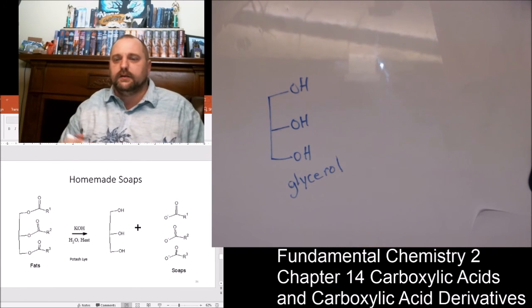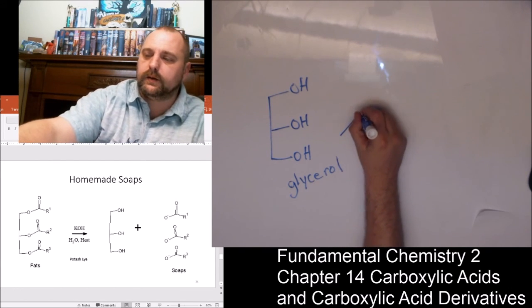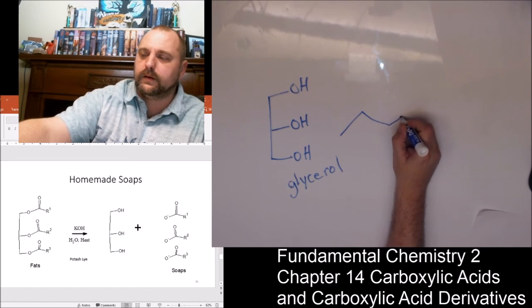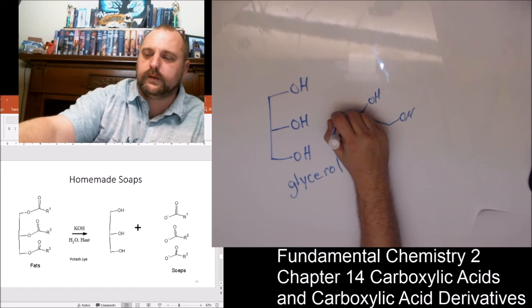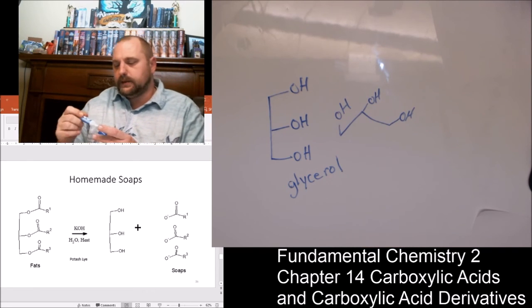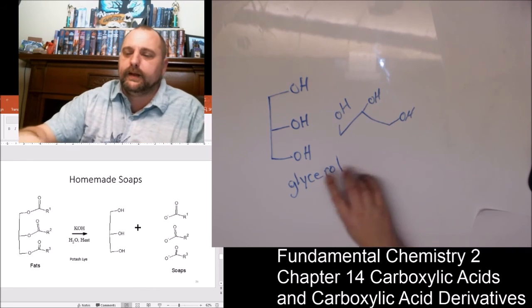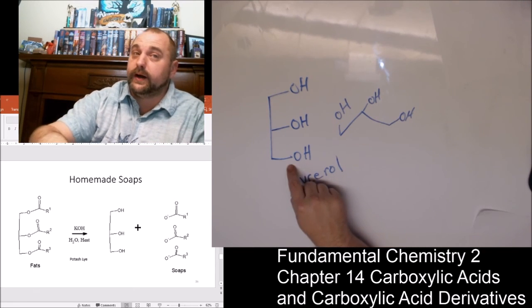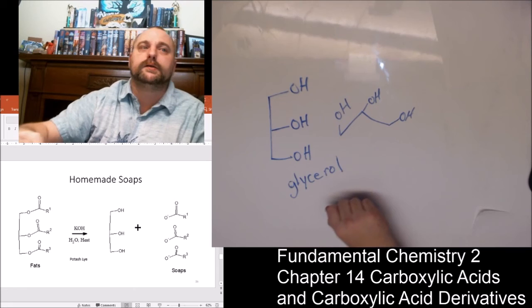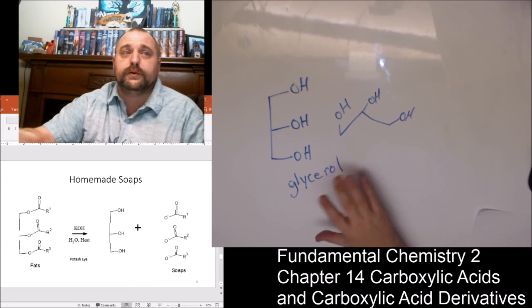It's got that kind of E looking shape. Now if I drew it like this, it's harder to see that shape, but this is glycerol. So if we take this as our alcohol, we can actually attach 3 carboxylic acids, and then all we're doing here is reproducing this.